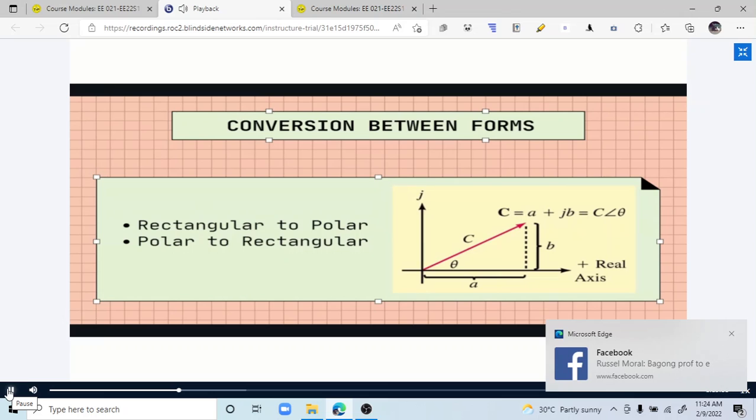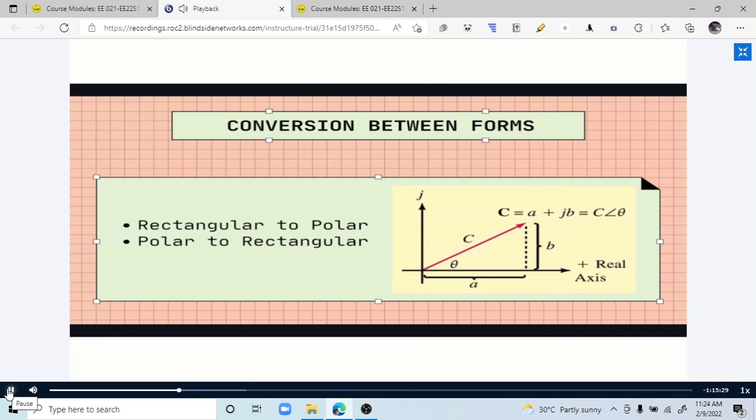We can use the trigonometric functions, correct? So if we observe theta and we are going to find A, what is the relationship between A and C?